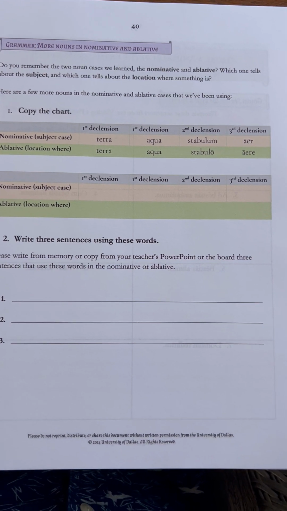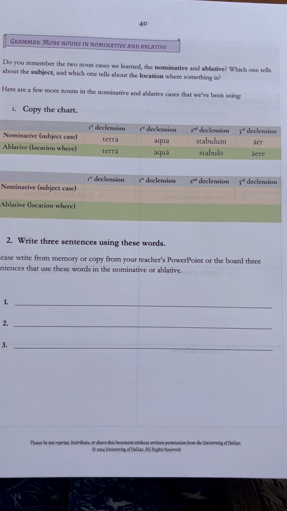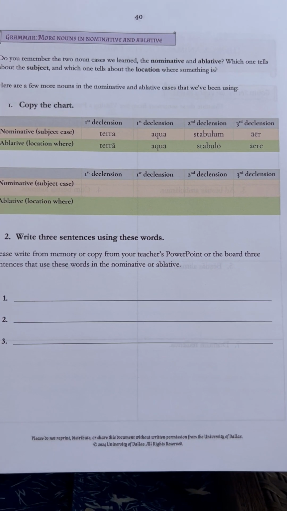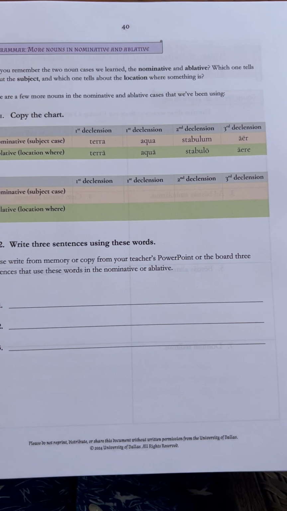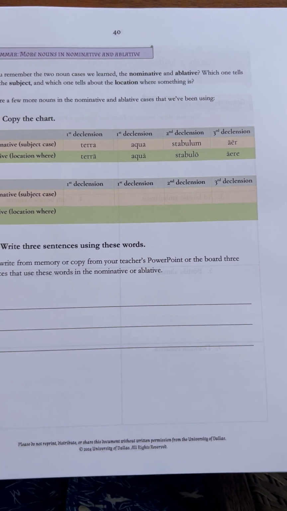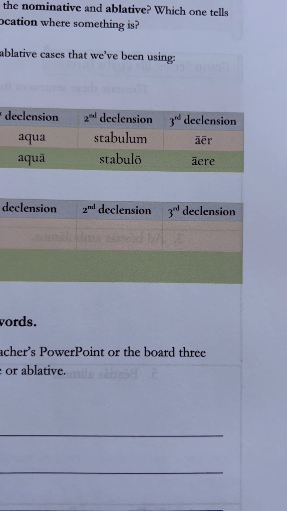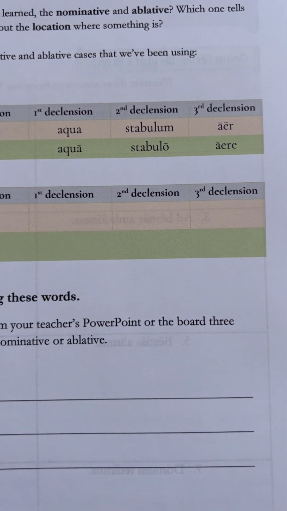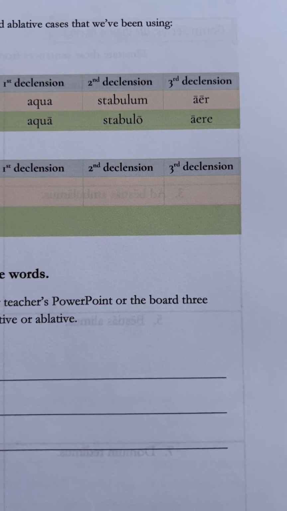Now, they give you a chart, and thankfully it's all on the same page here. So the subject case for some different places. In the first declension, it looks like terra, aqua, stabulum and aer.